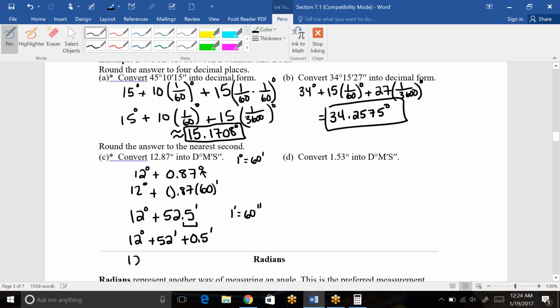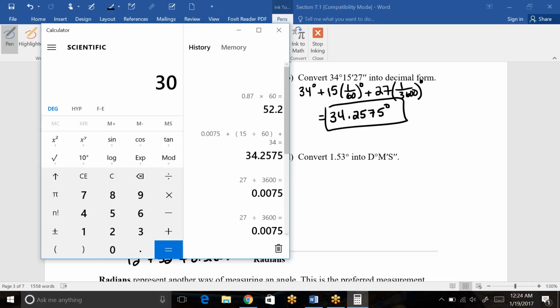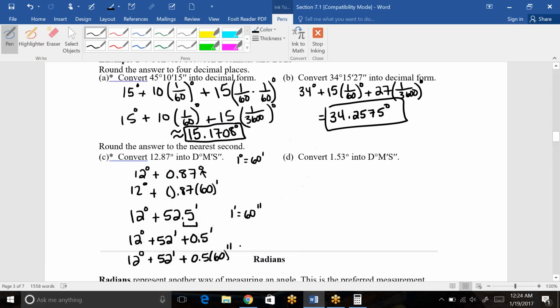So again, we're going to take that last portion and multiply it by 60, and that'll turn it into seconds. So 0.5 times 60 is 30. So then this final answer becomes, and we don't need the plus signs anymore, 12 degrees, 52 minutes, and 30 seconds.